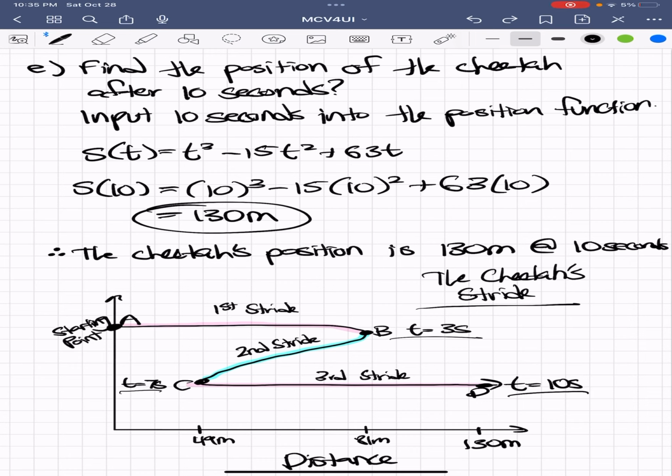Okay, so we have an almost complete diagram. We've labeled our points. We have the times, and then this one is t equals 0 seconds.